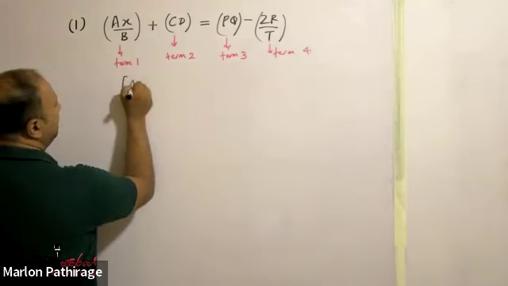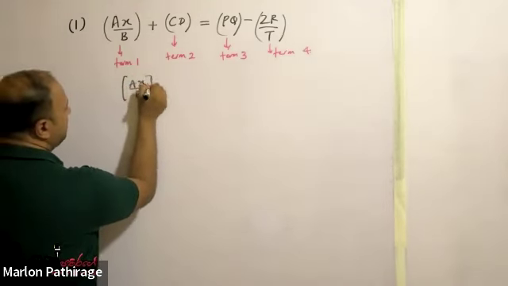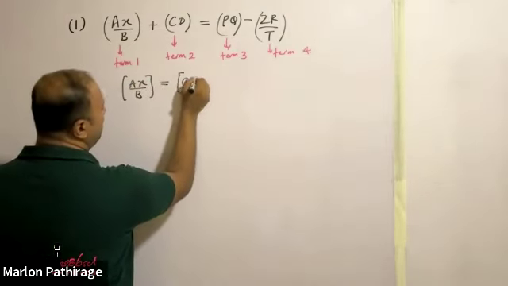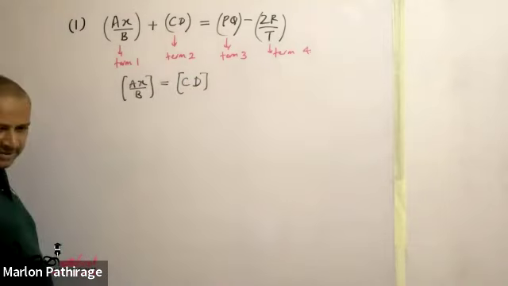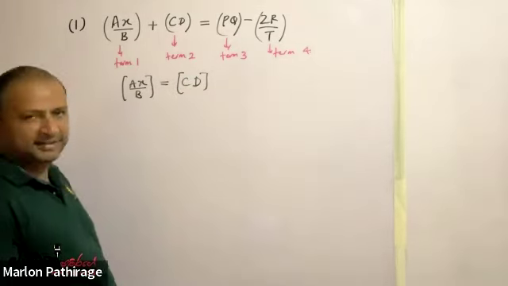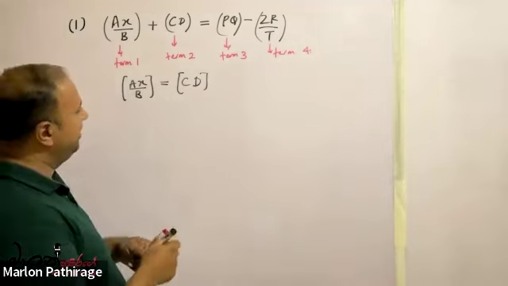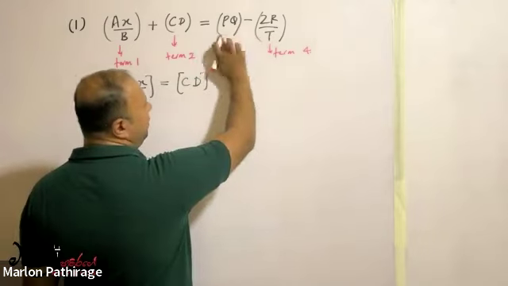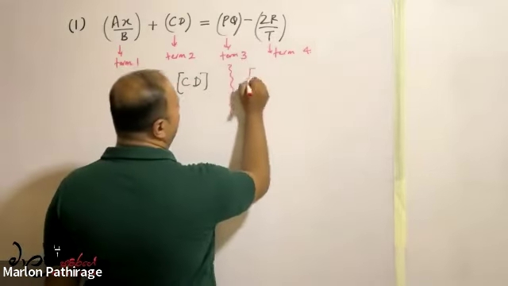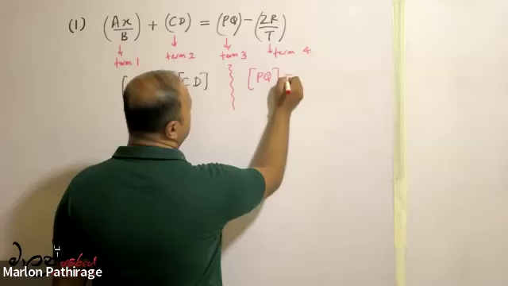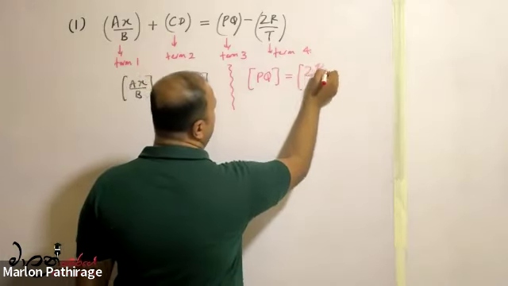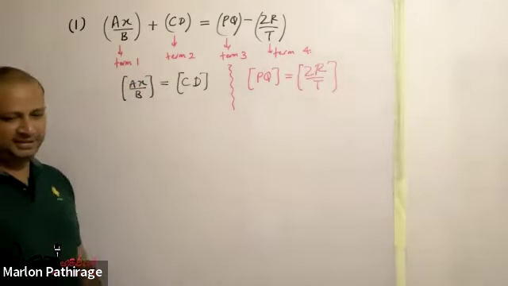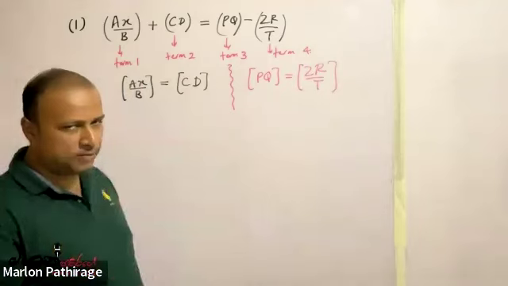Therefore, the dimension of AX over B should be equal to the dimension of CD. Another thing, now there's a subtraction between these two physical quantities. Then I can write the dimension of PQ should be equal to the dimension of ZR over T. That is the first rule.